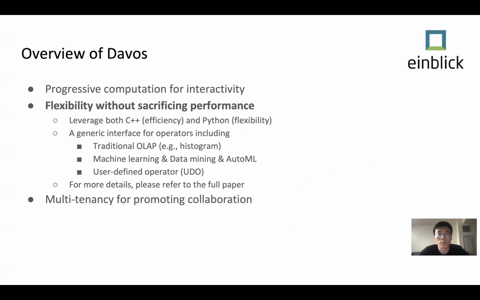We also support machine learning, data mining, and AutoML operators, and we also have a user-defined operator. Both of those are implemented in Python. For more details, please refer to our full paper.